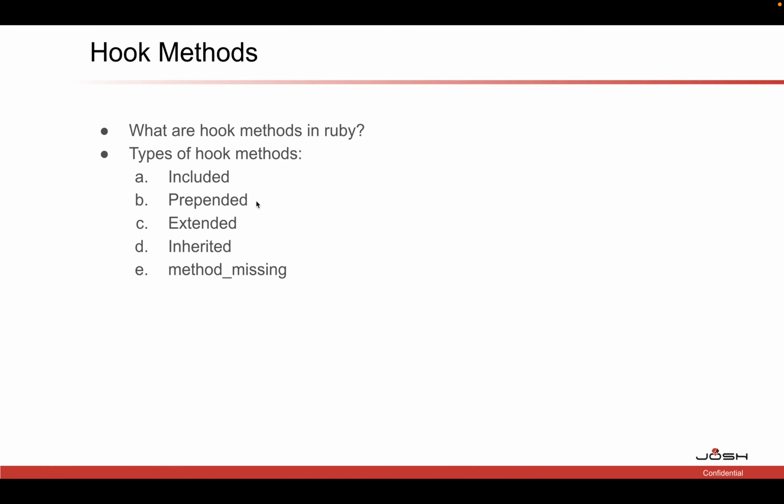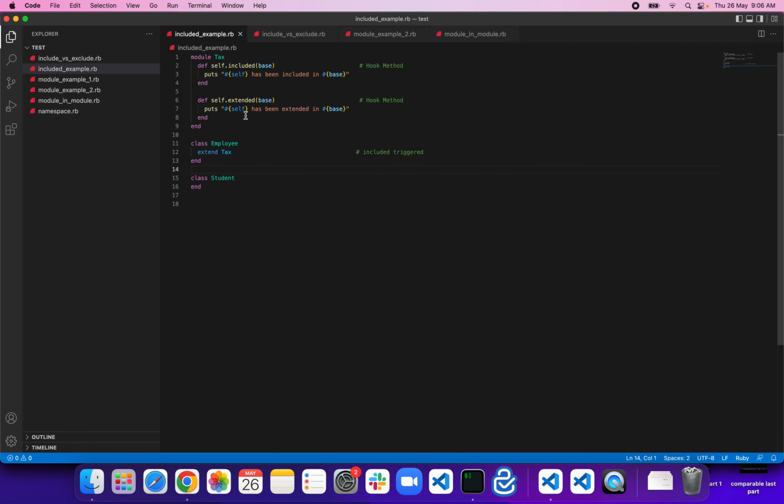Prepended is associated with prepend, and extended is associated with extend. Similarly, inherited is associated with inheritance, so whenever you inherit any class, this method will be called. Prepended will be the same: if you replace this extend with prepend, you will need to define the prepended hook method, which has the same syntax.